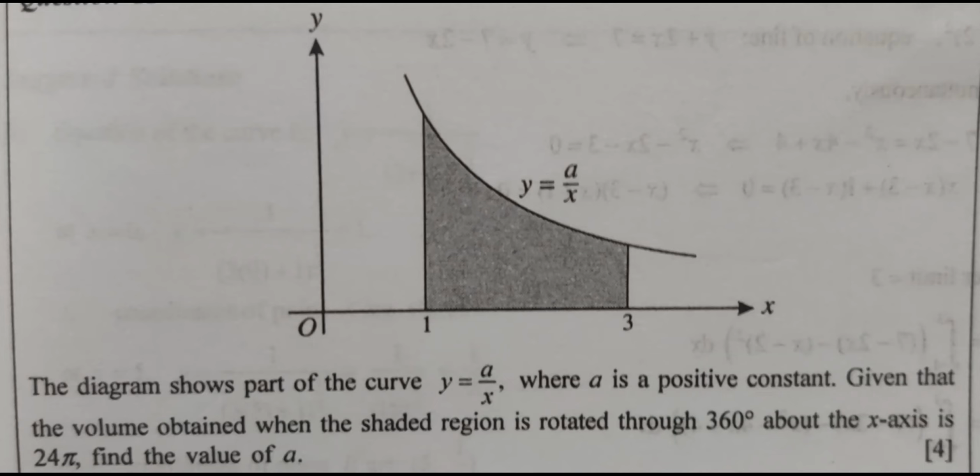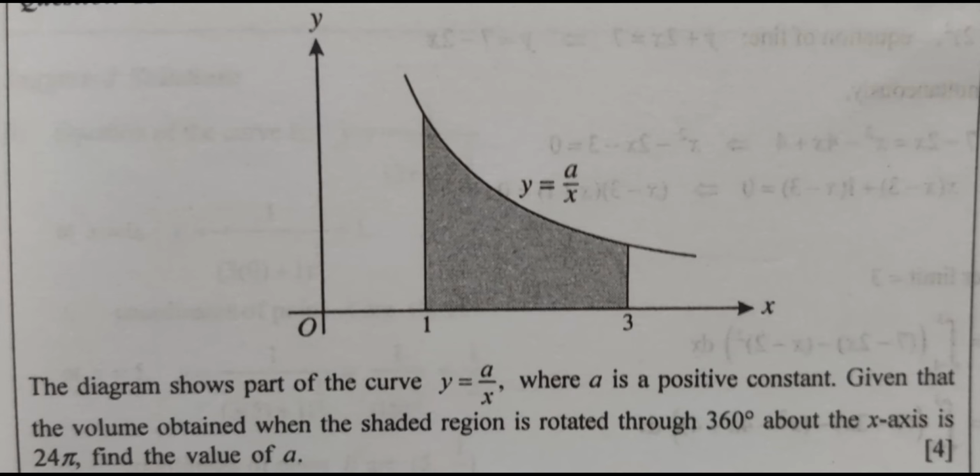The question says the diagram shows part of the curve y equals A over x, between 1 and 3. A is a positive constant. Given that the volume obtained when the shaded region is rotated through 360 degrees about the x-axis is 24 pi, find the value of A. It's the easiest question.